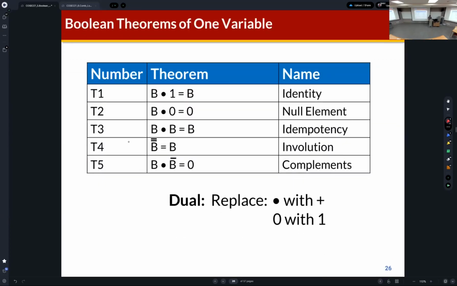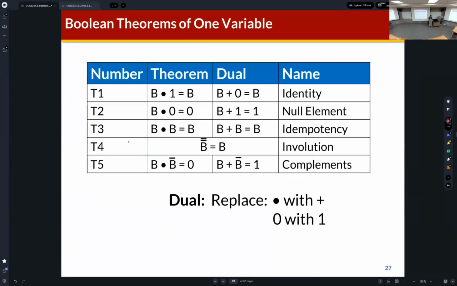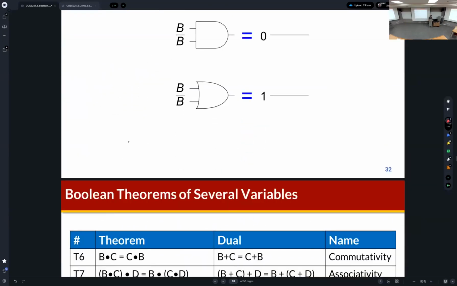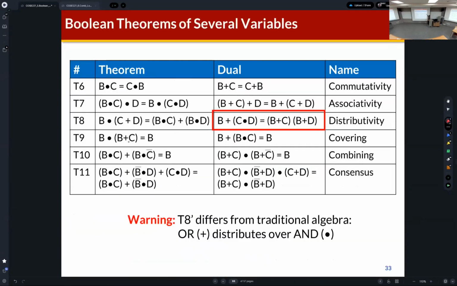And then theorems. We can prove some theorems using several axioms. Some of the theorems are very obvious. If we see these theorems, we can find that they are very similar to the normal algebra theorems, but the only difference is this one.